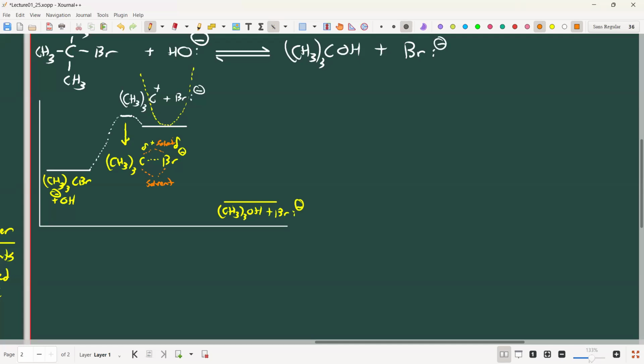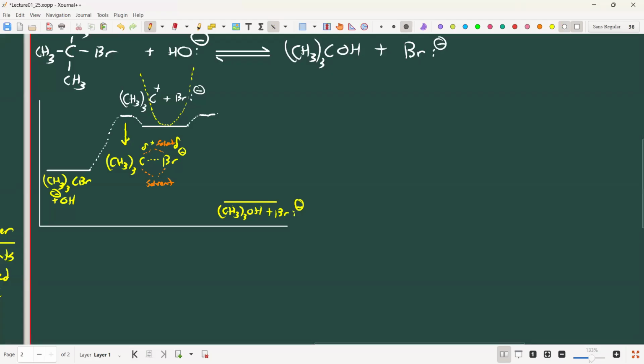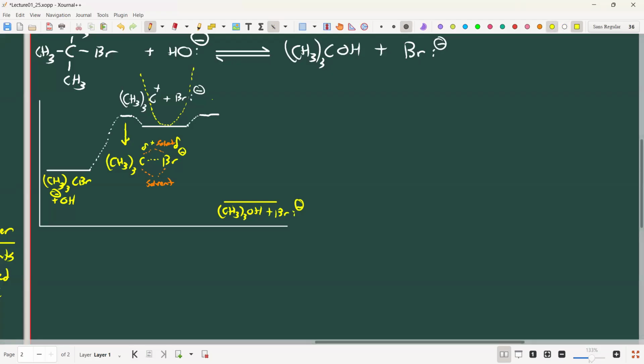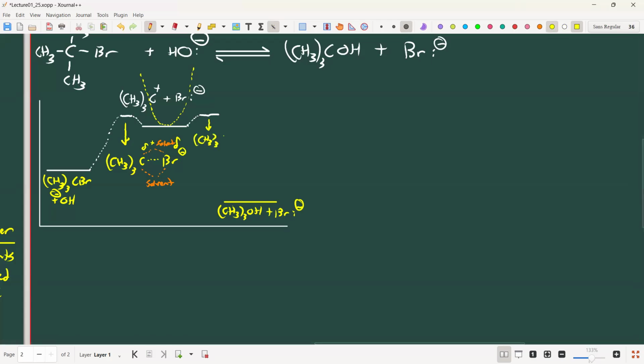But you also should consider now that there is another transition state here, where the formation of the hydroxyl system, this would be CH3 C with a partial positive charge connecting to an OH with a partial negative charge.